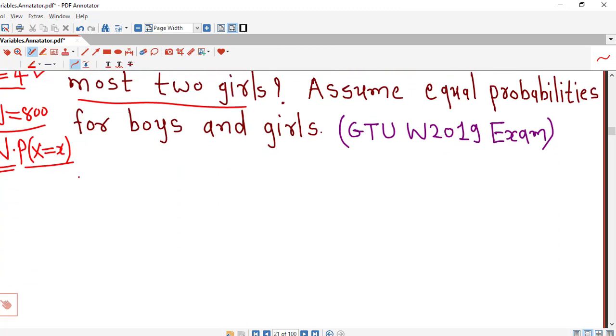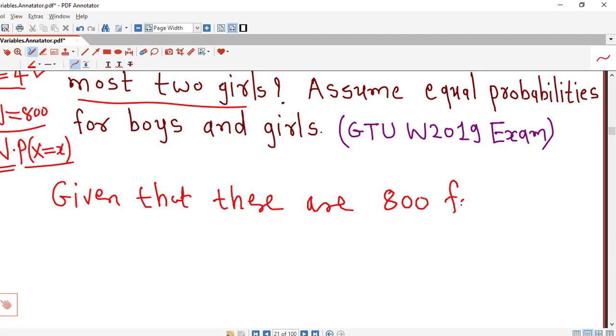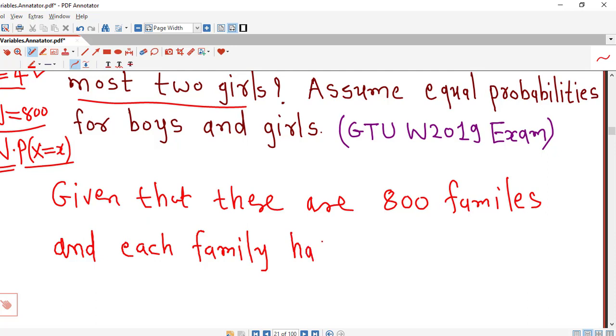So before that, first we write that it is given that there are 800 families, and each family has 4 children.